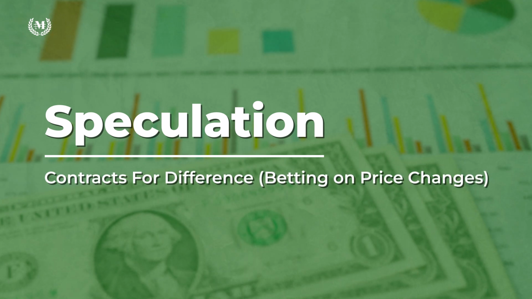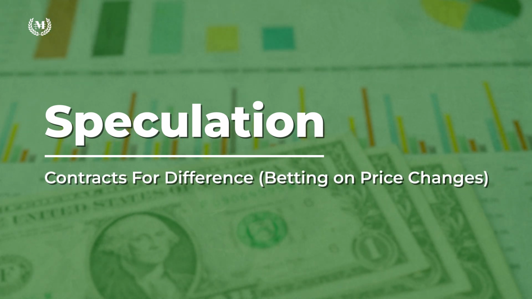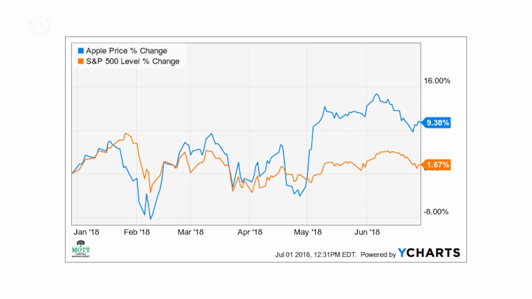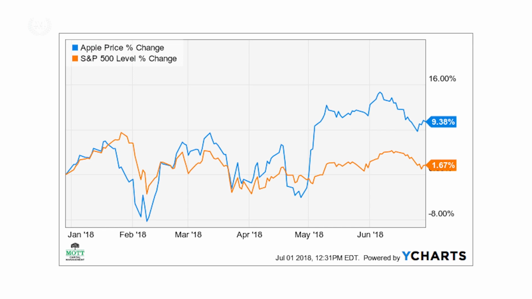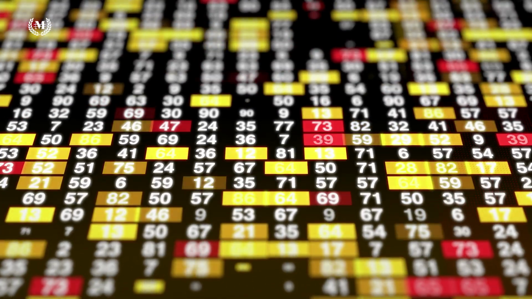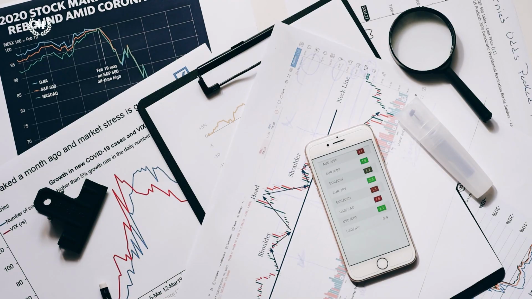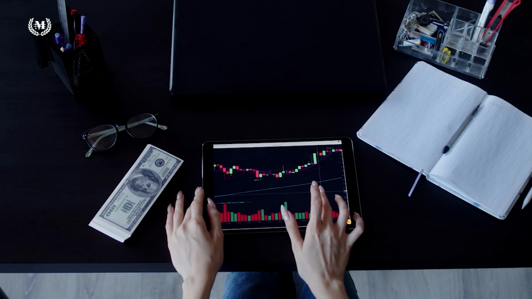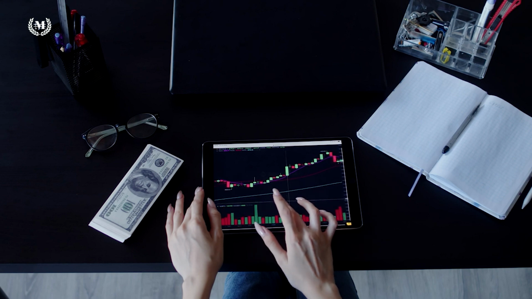Next, contracts for difference, or betting on price changes. Okay, let's say you think the price of a stock like Apple is going to go up. Instead of buying the actual stock, you can use a contract for difference. This is a bet on whether the stock price will increase or decrease. You agree to pay the difference between the price of the stock when you enter the contract and the price when you exit it.